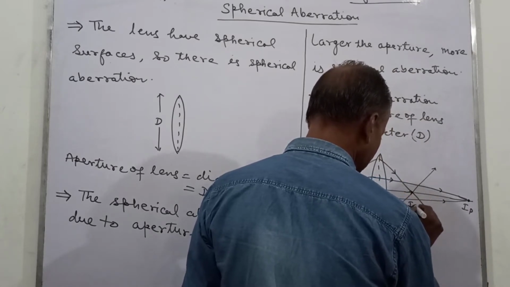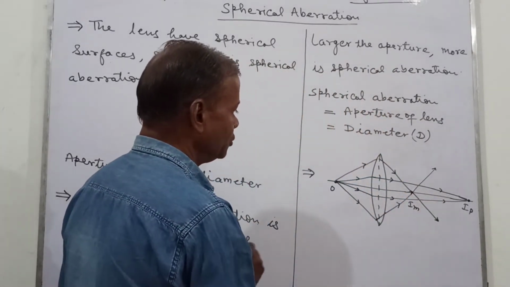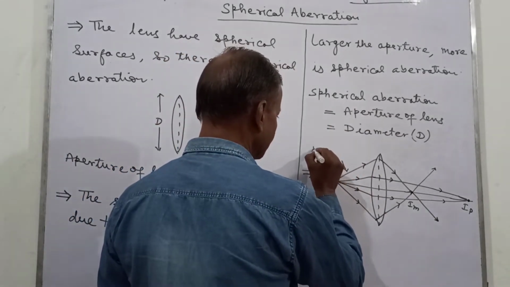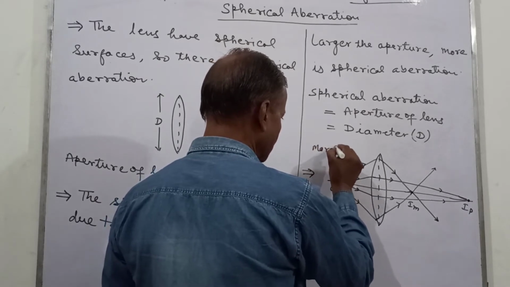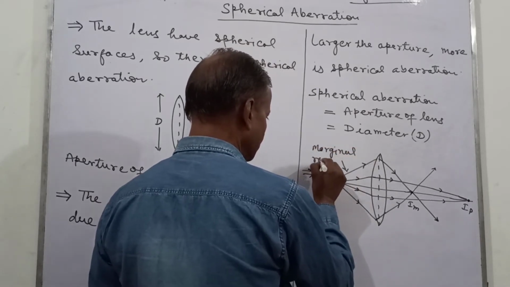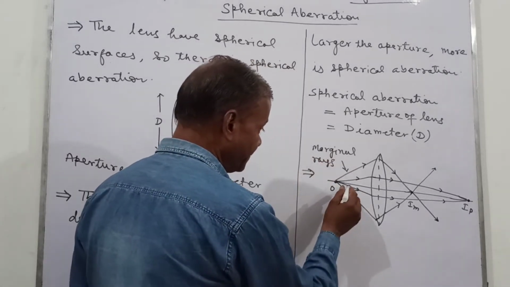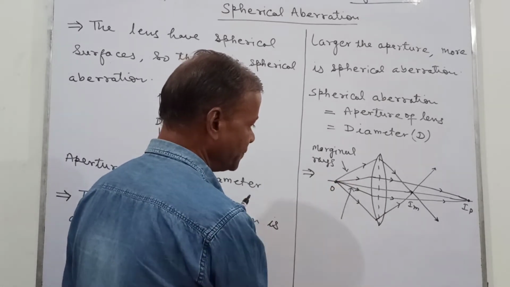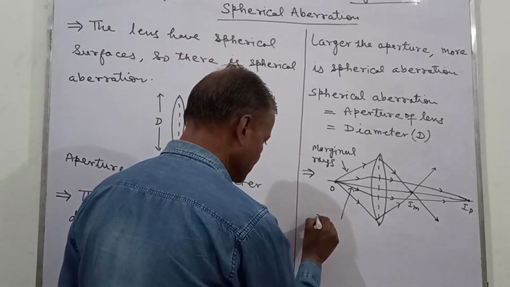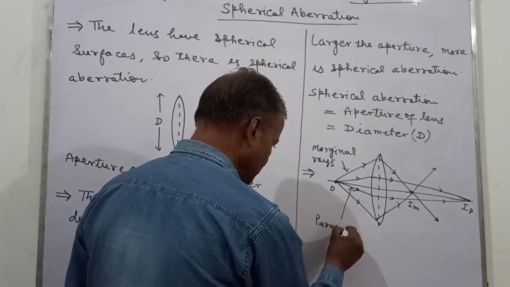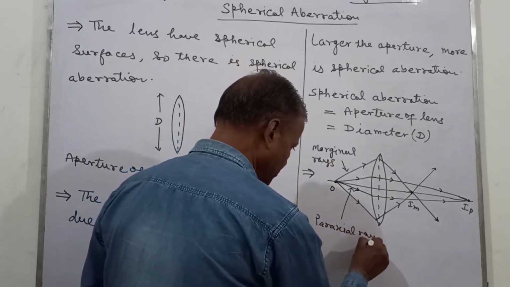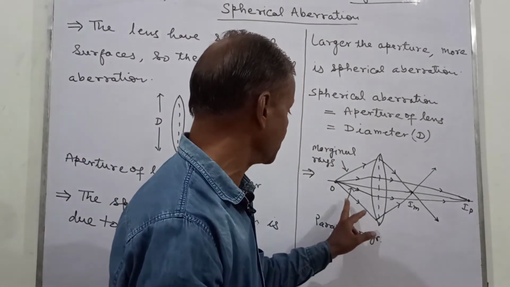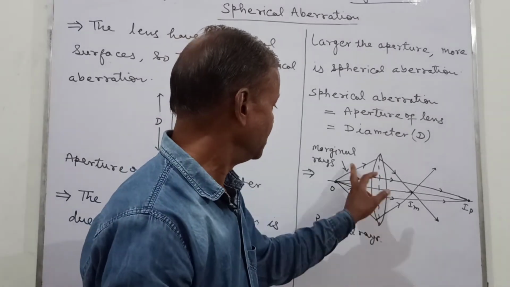This is now your marginal, so this is now IM. So these are the marginal rays. And this ray which is near to this principal axis, this is the paraxial rays. So this image point object is corresponding to this paraxial, and this is for the marginal image.